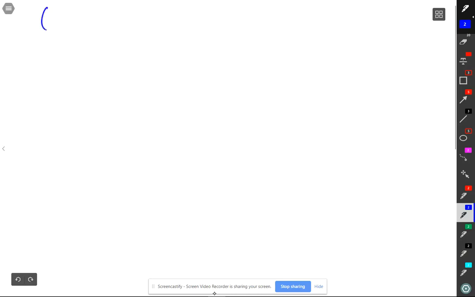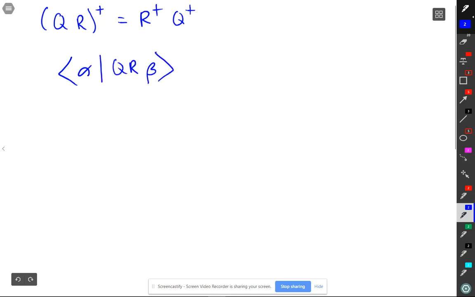So what we want to show is that, and so what I'm going to do is alpha QR beta.